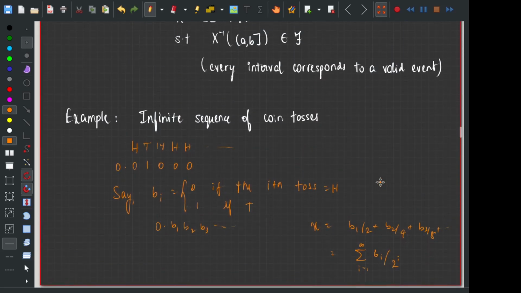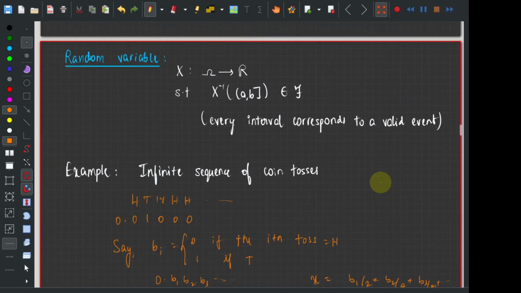So this is the main reason why you look at random variables, because now remember the original experiment that I had was an infinite sequence of coin tosses. Now I mapped that infinite sequence of coin tosses to a random variable. So every realization of an infinite sequence of coin tosses can now be represented as a number between 0 and 1. Correct?